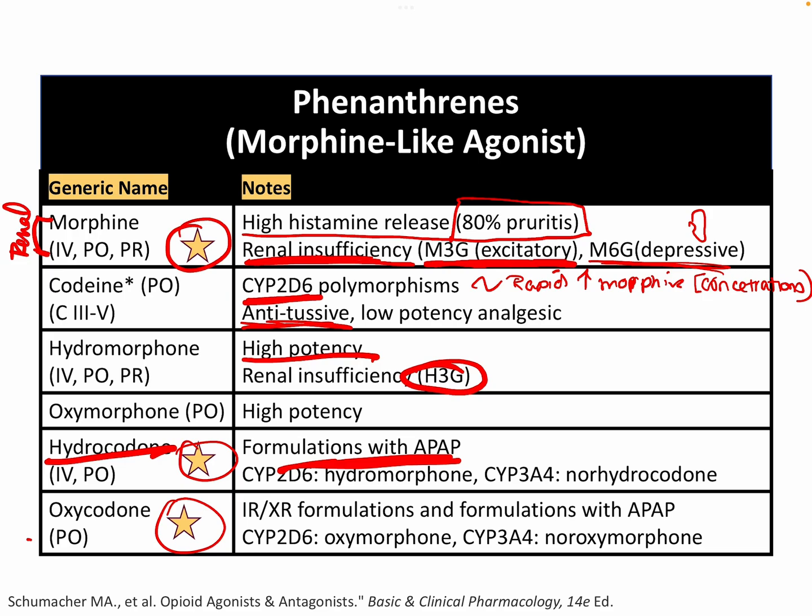Lortabs, I think, had 650 milligrams of Tylenol in them. They were discontinued because of the risk for Tylenol overdoses. Oxycodone does come in formulations with Tylenol as well. It is a prodrug just like hydrocodone. So you can see that through those metabolites.